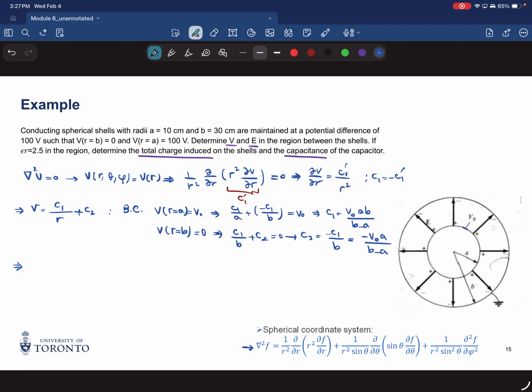So we found V as a function of R such that it's V naught A B over (B minus A) times 1 over R, minus V naught A over (B minus A), or V naught A over (B minus A) times (B over R minus 1).